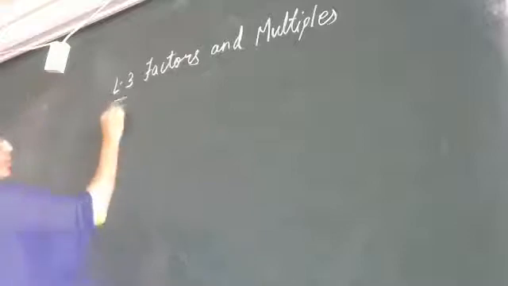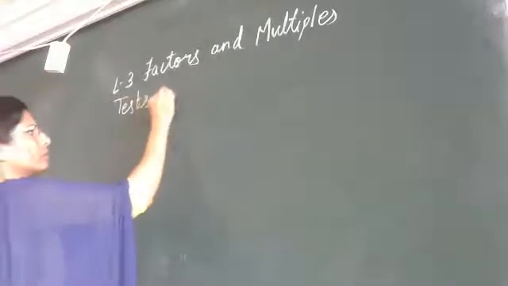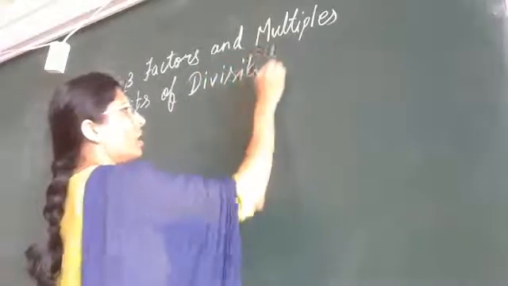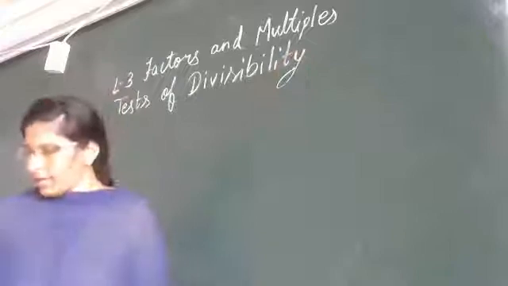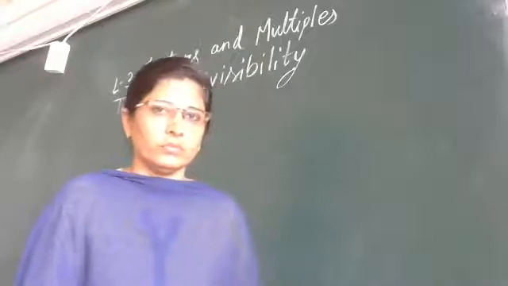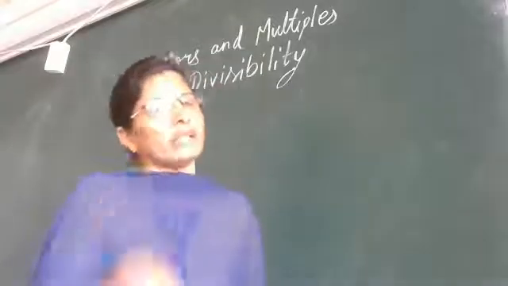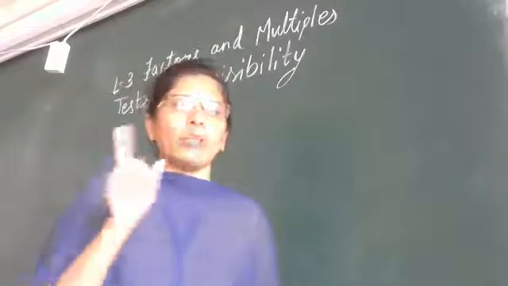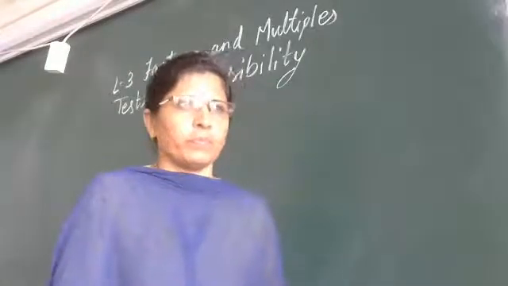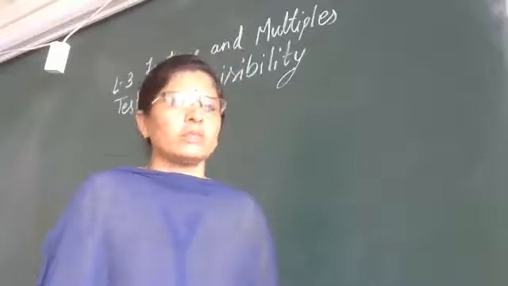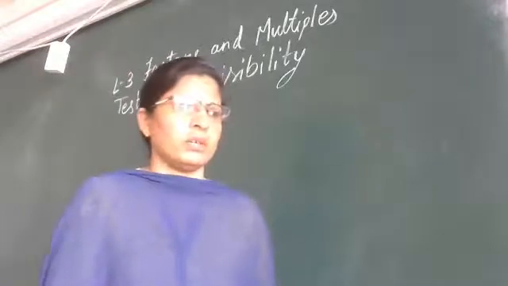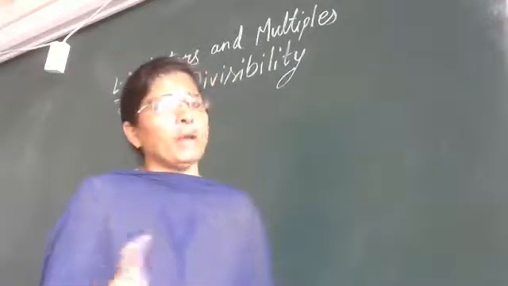So first I will tell you what you mean by divisibility. Page number 47. One is a factor of all the numbers. Each number has one as a factor. In one table, all the numbers come. No, it is a property.